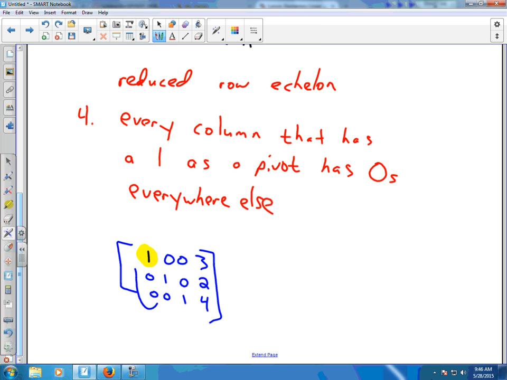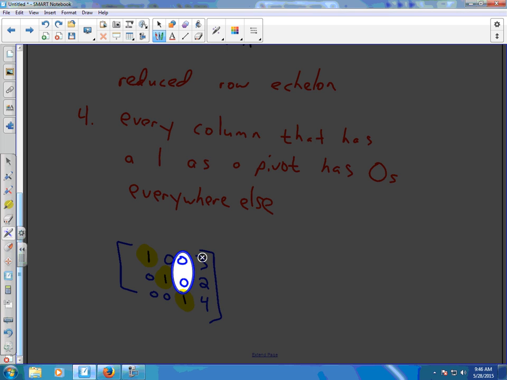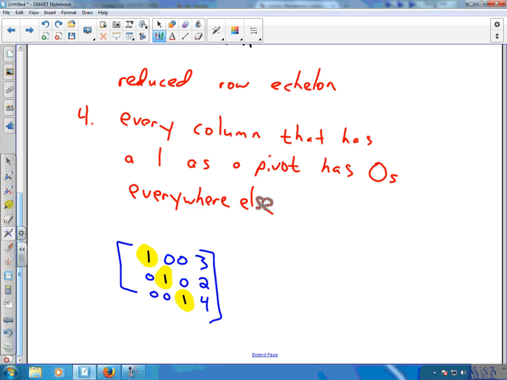Everywhere else is 0. The second column has a pivot. Every other value in that column is a 0. The third column has a pivot. Every other value in that column is 0.